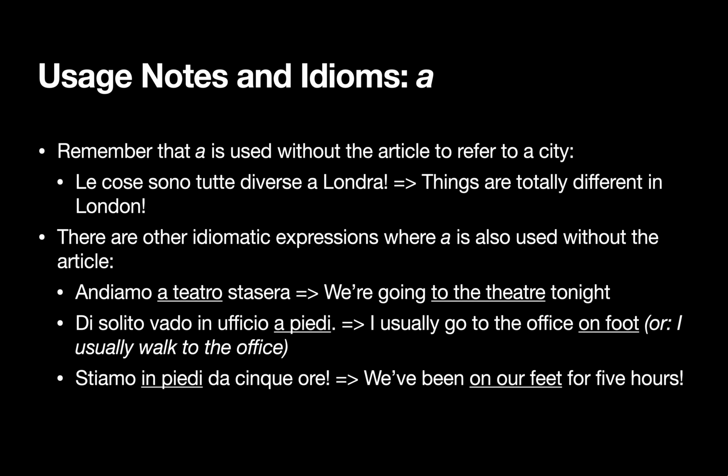I usually go to the office on foot. A piedi. That's also the idiomatic way to translate that would be I usually walk to the office. There's a verb for to walk, camminare, but usually the more common way to say that is andare a piedi.